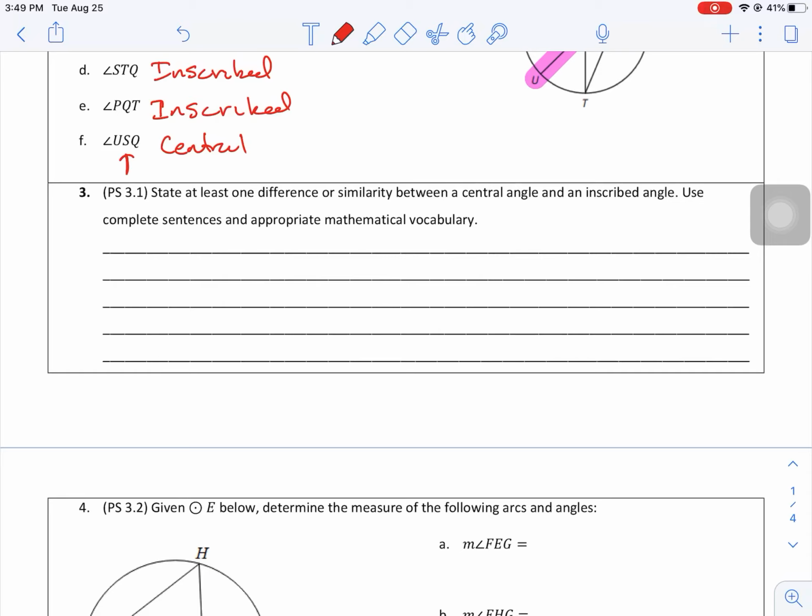So, we know that the central angle equals the arc, and we know the inscribed angle equals 1/2 the arc. So, we know the inscribed angle equals 1/2 the central angle. So that's what you have to do.